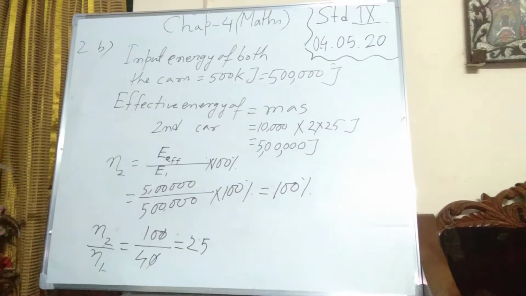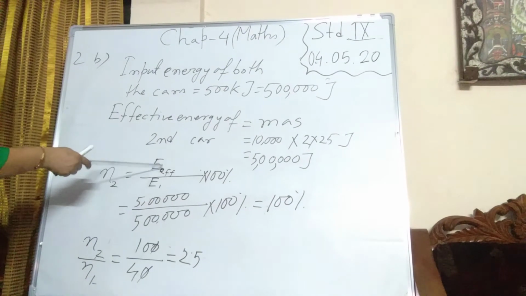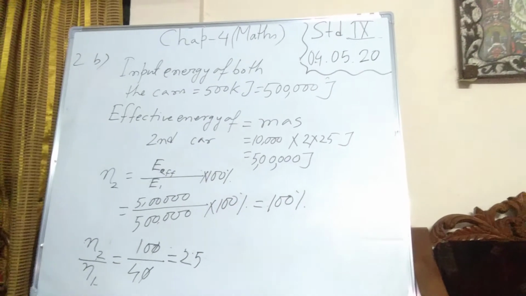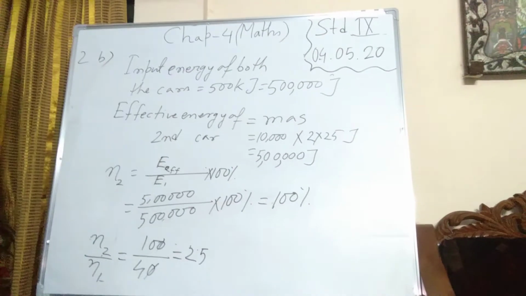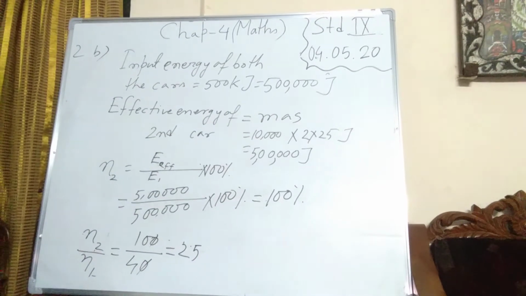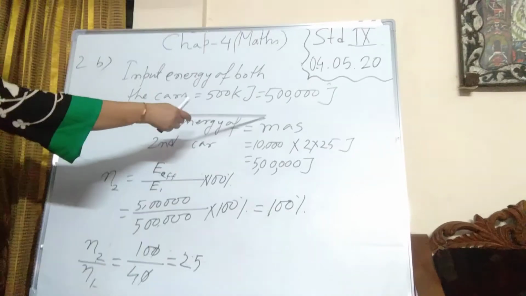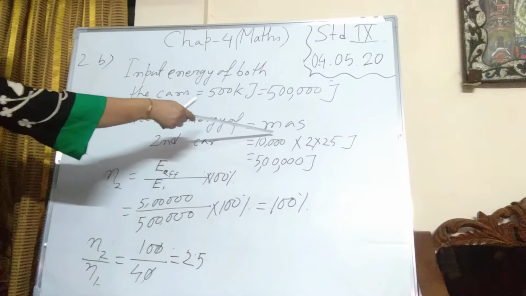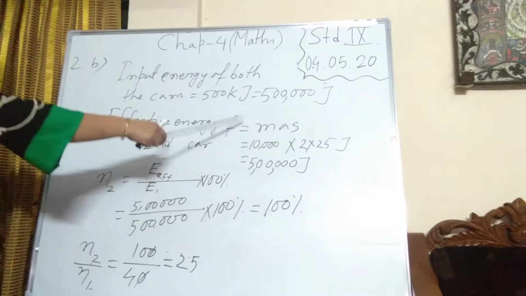So efficiency equals effective energy by input energy into 100%. The input energy we already have, 5 lakh joule, and the effective energy is also 5 lakh joule. Here I can find out the effective energy by multiplying mass into acceleration into displacement. I think you understand this calculation.